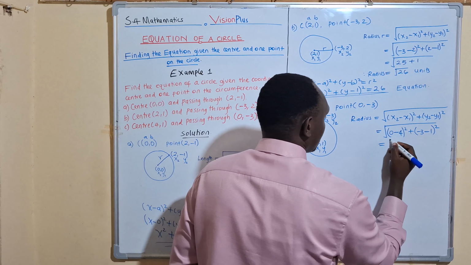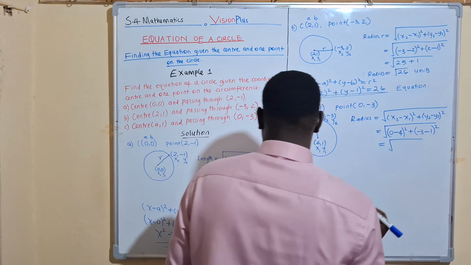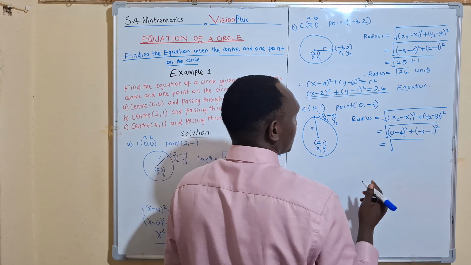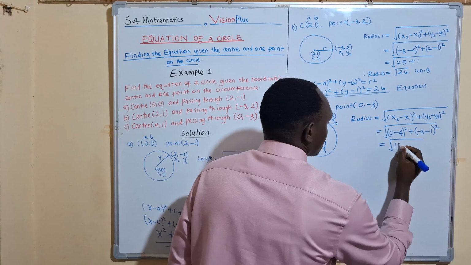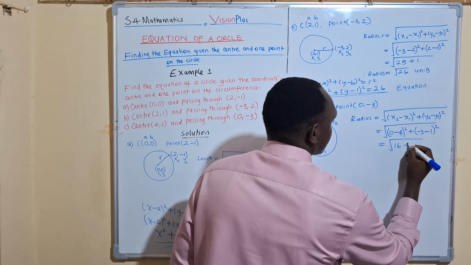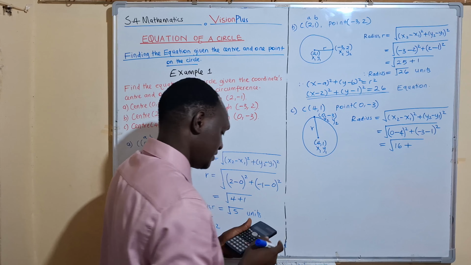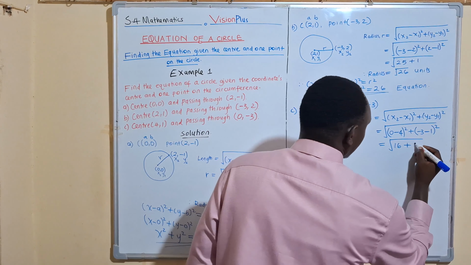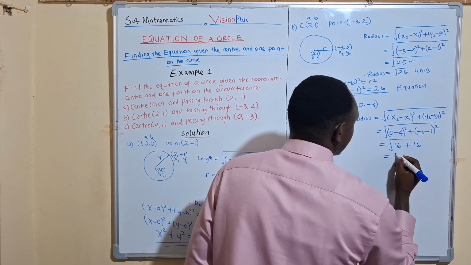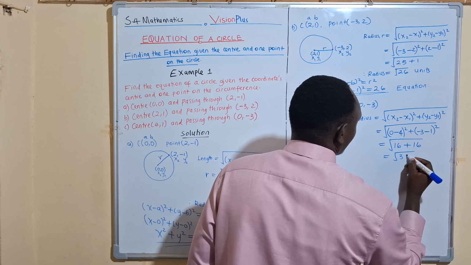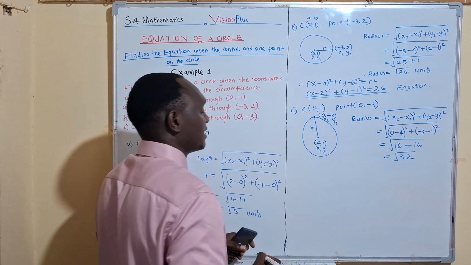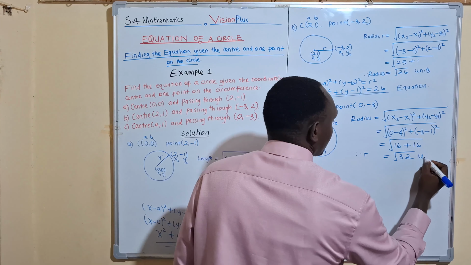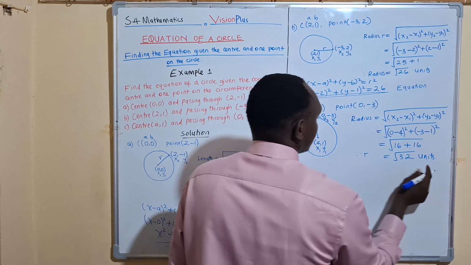Then we proceed: 0 minus 4 is negative 4, and negative 4 squared is positive 16, plus negative 3 minus 1 is negative 4, and negative 4 squared is again positive 16. 16 plus 16 is root of 32. So the radius is root of 32 units.